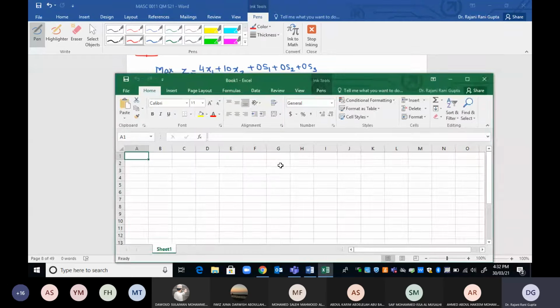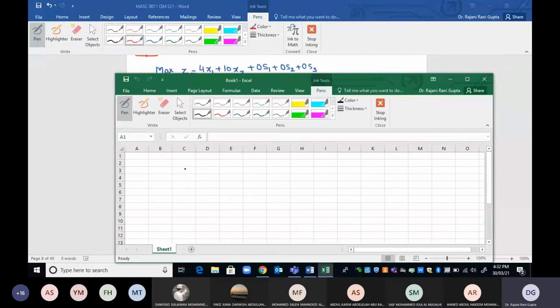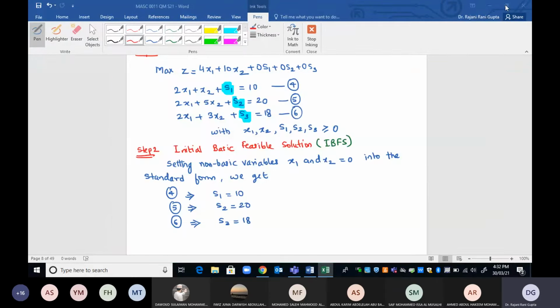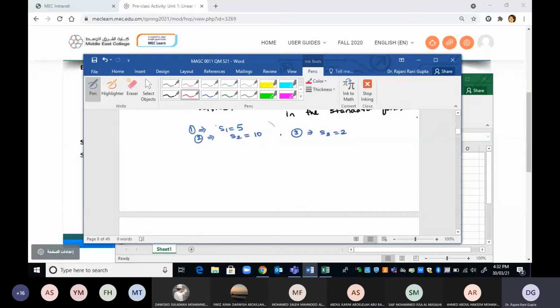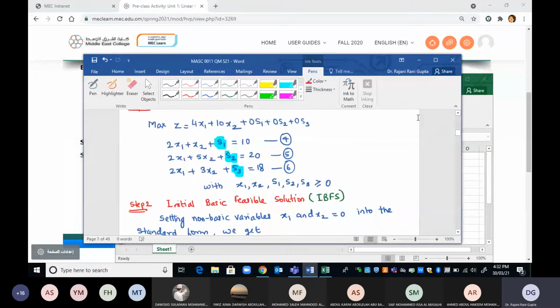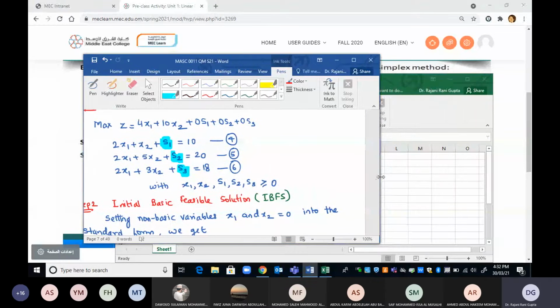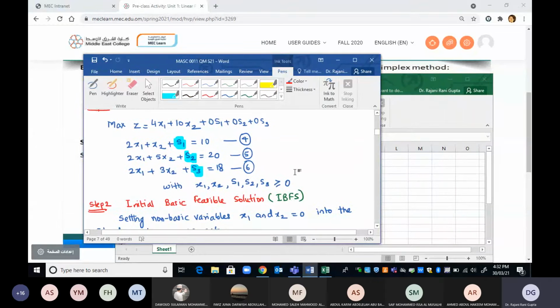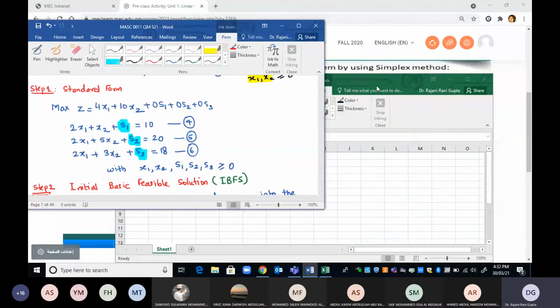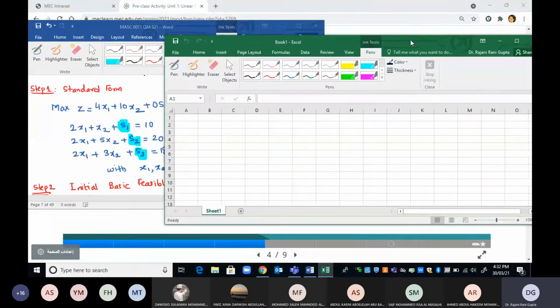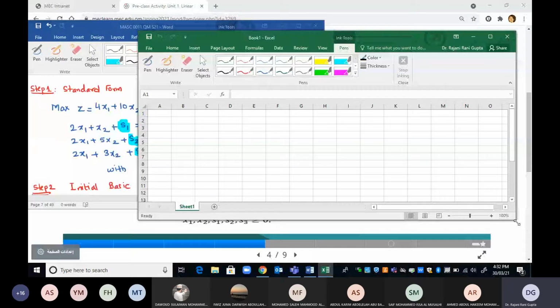So let's do this. To prepare the simplex table, we need the standard form. So this is our standard form. Okay, I'll keep it here and we use it to fill the Excel sheet. So let's see, what do we have? We have the variables x1, x2, s1, s2, s3.